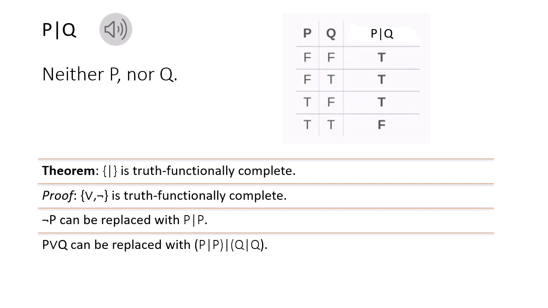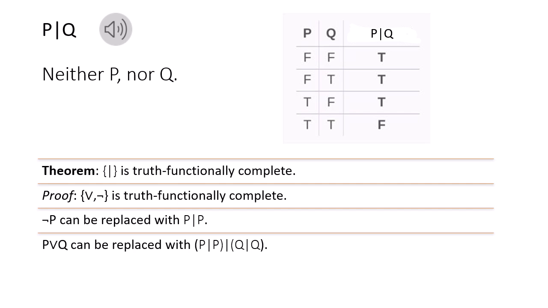And we saw that by first applying the algorithm and constructing something in disjunctive or conjunctive normal form, and then replacing all of the conjunctions with something along the lines of De Morgan's law. Okay, so what that means is that any truth functional connective can be expressed in terms of disjunction and negation. So let's assume that we have some expression in that form.